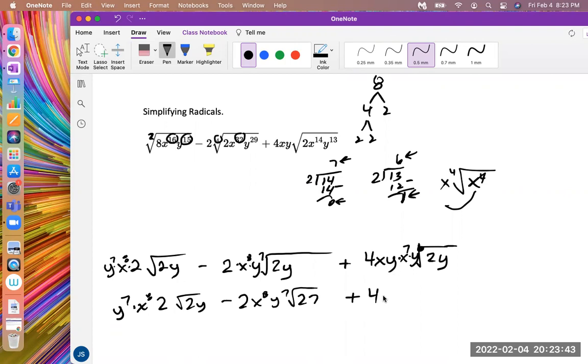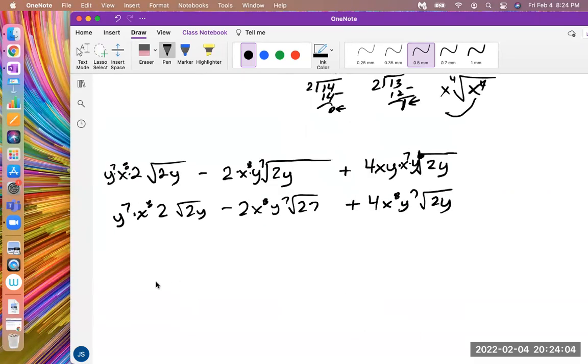So x to the 8th, 4x to the 8th, y to the 7th times 2y. And now we can see that we treat this root of 2y like a like term.